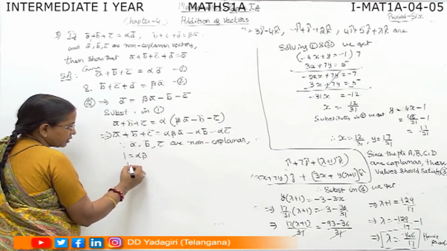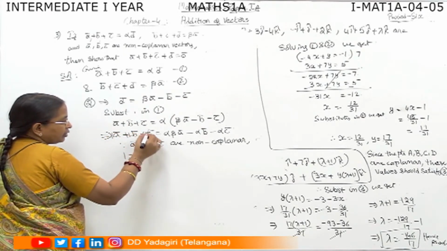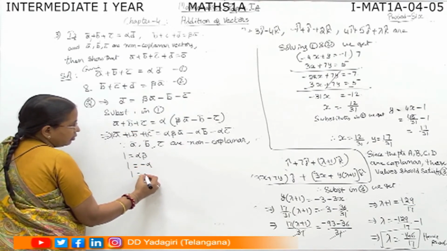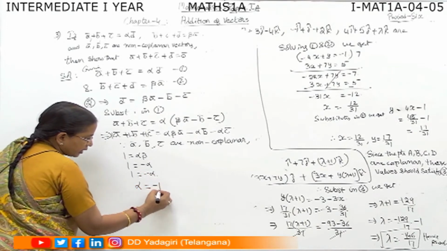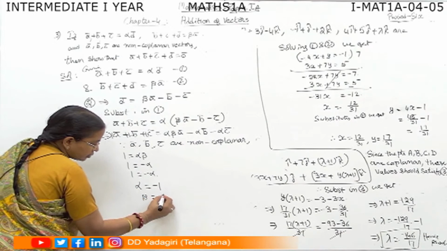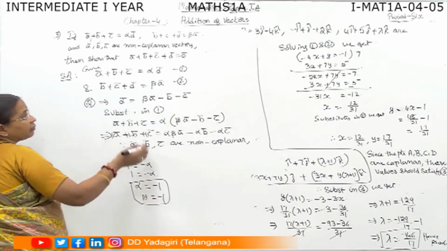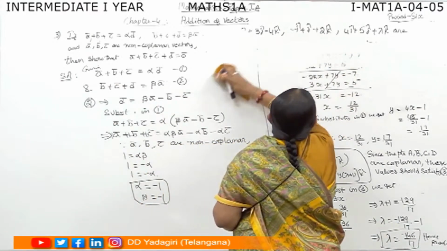The B coefficient is 1. It is like 1 into A, 1 into B, 1 into C. So 1 is equal to minus alpha, and again 1 is equal to minus alpha. So alpha is equal to minus 1. When you substitute alpha as minus 1 here, beta is also equal to minus 1. Now substitute either alpha or beta in any one of the equations, you will get the required solution.